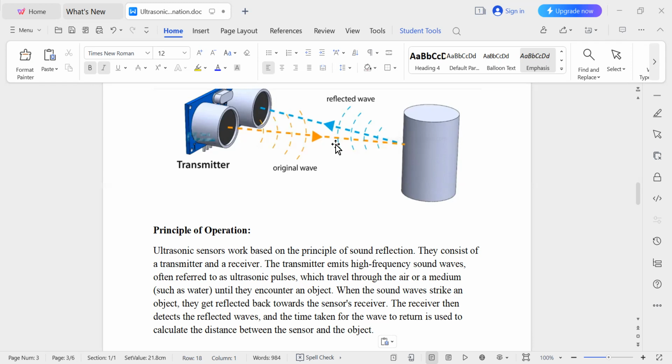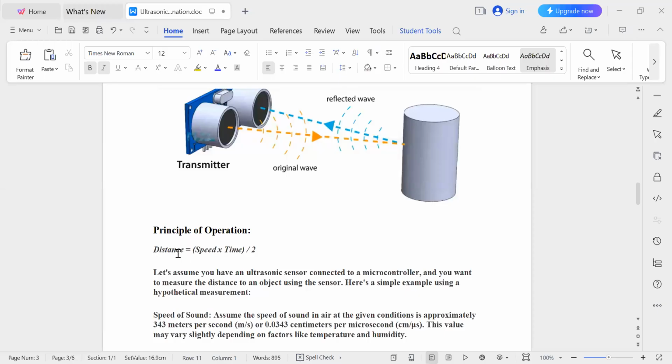At what distance is the object present? This distance is calculated with the help of time: the time taken for the wave to travel from the transmitter, hit the object, and come back to the receiver. This total time is measured in order to find the distance of the object, and the distance is calculated with the help of a formula.